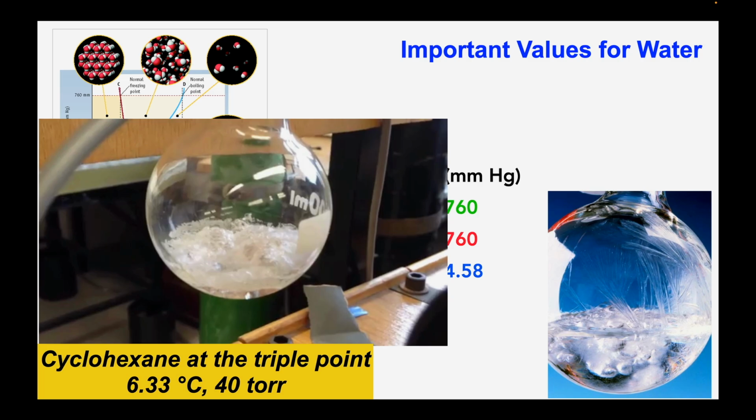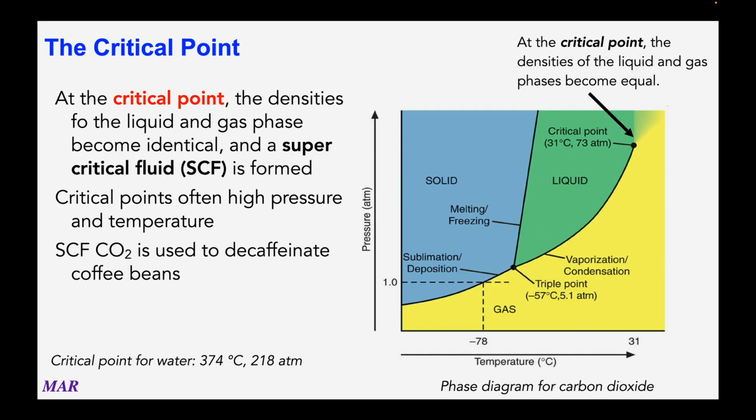Pretty wild stuff. The critical point is another point that is sometimes shown on these phase diagrams. And at the critical point, all substances turn into what's called a supercritical fluid, SCF. And these supercritical fluids are just wild. It only happens usually at very high pressures and temperatures, but there are some cool things. The classic example of a critical point is for carbon dioxide. Now, carbon dioxide is nonpolar.